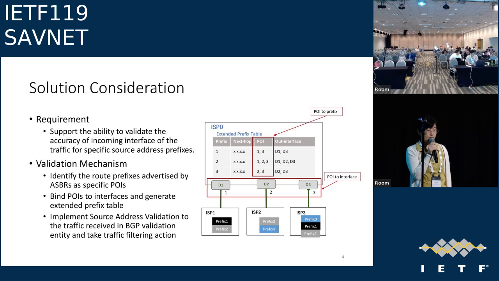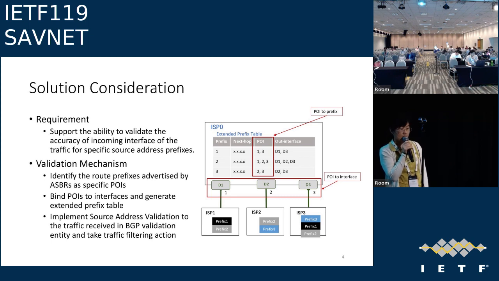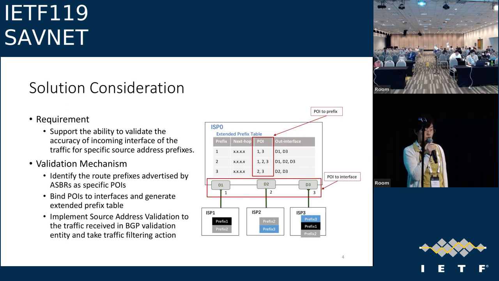And then it can generate the corresponding extended prefix table. When traffic is received, the router can apply this policy to validate the incoming traffic.